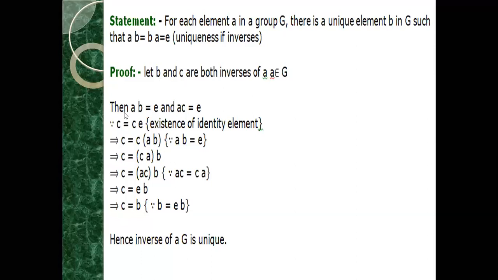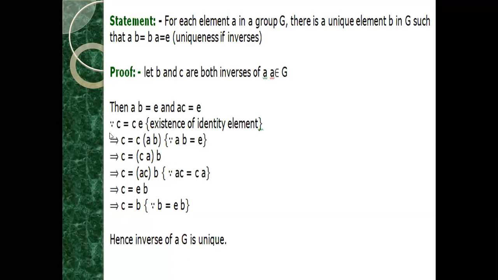Then B is one inverse element and C is another. We write the inverse property for B, that is AB is equal to E, and for C, AC is equal to E.